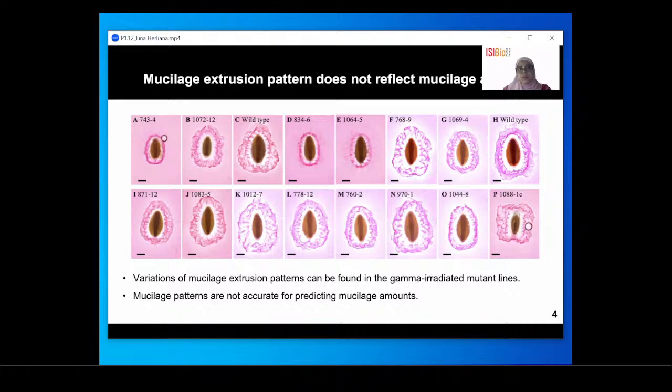Our study focused on mucilage quantity rather than mucilage quality. However, there is no link between the amount and the extrusion patterns. Therefore, we investigate the seed weight and other seed dimensions in the following slides.